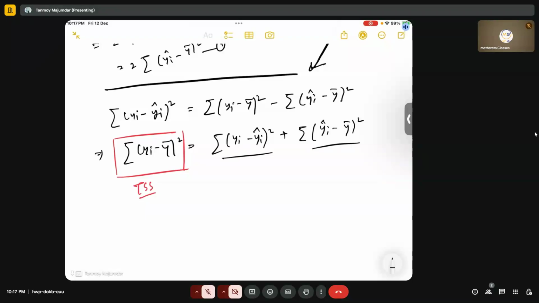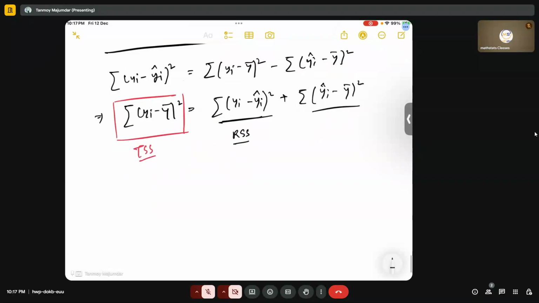Actually, this term is the residual sum of squares. We have done this before, we know this form of the residual sum of squares. And the remaining proportion, this term, is called the regression sum of squares, or you can say sum of squares due to regression.